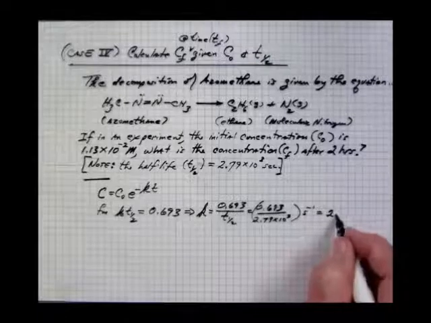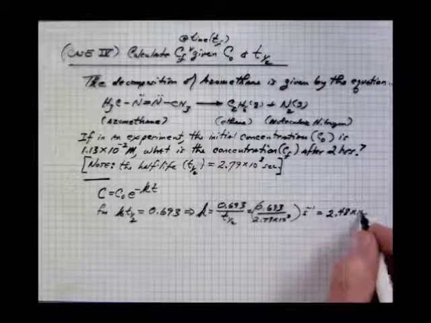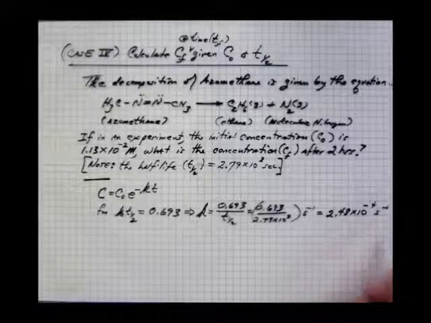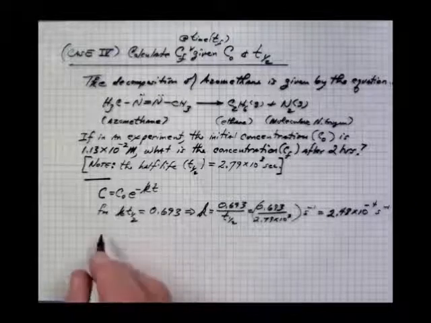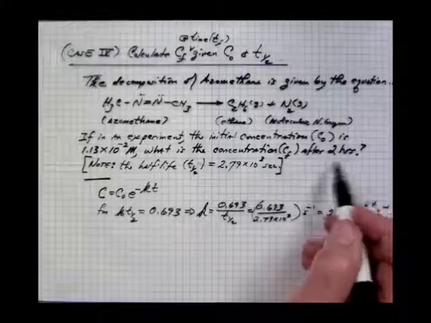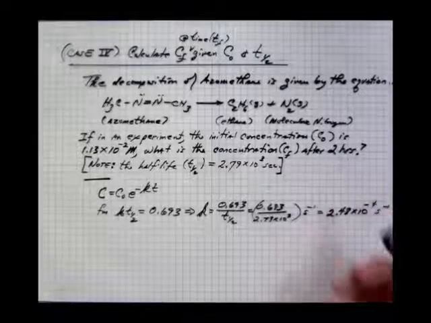The K value is 2.48 times 10 to the minus 4 reciprocal seconds. The value for time of interest is given as 2 hours.